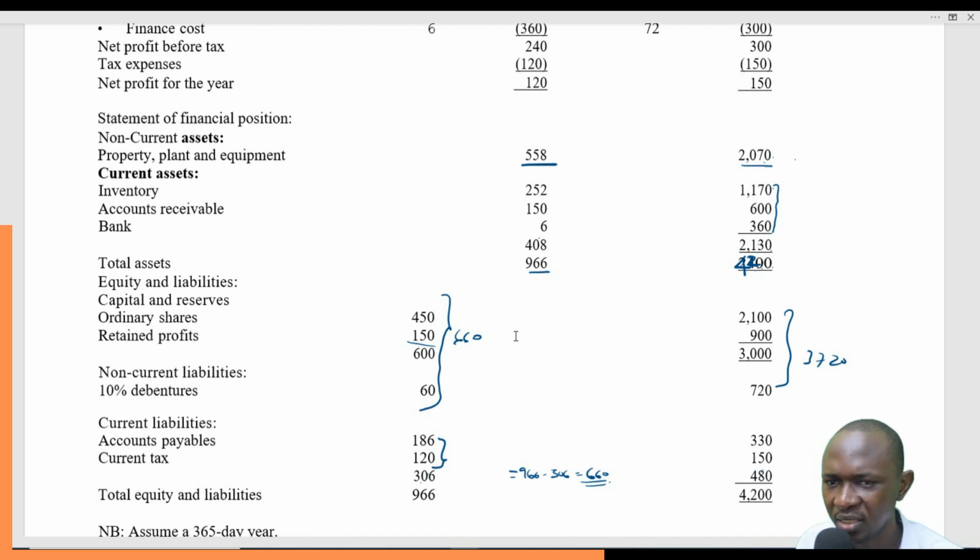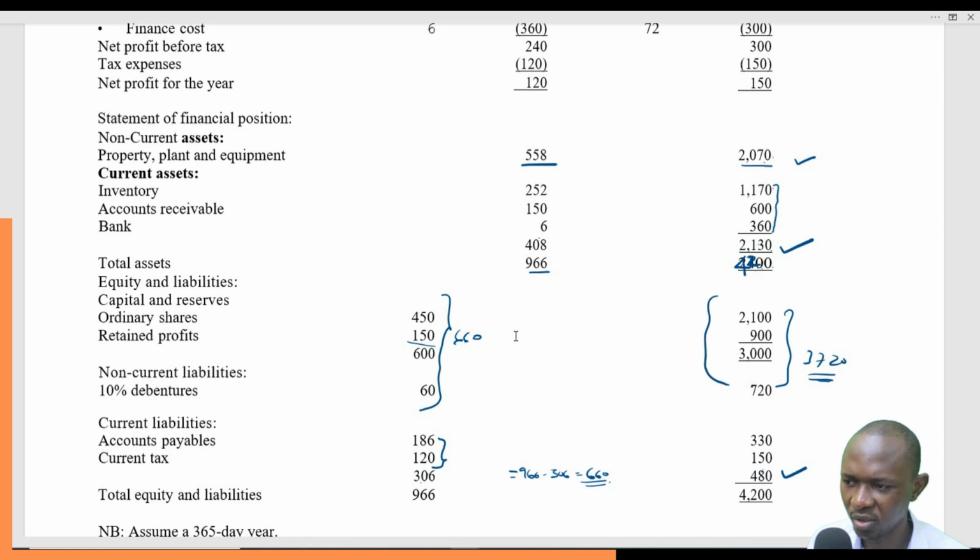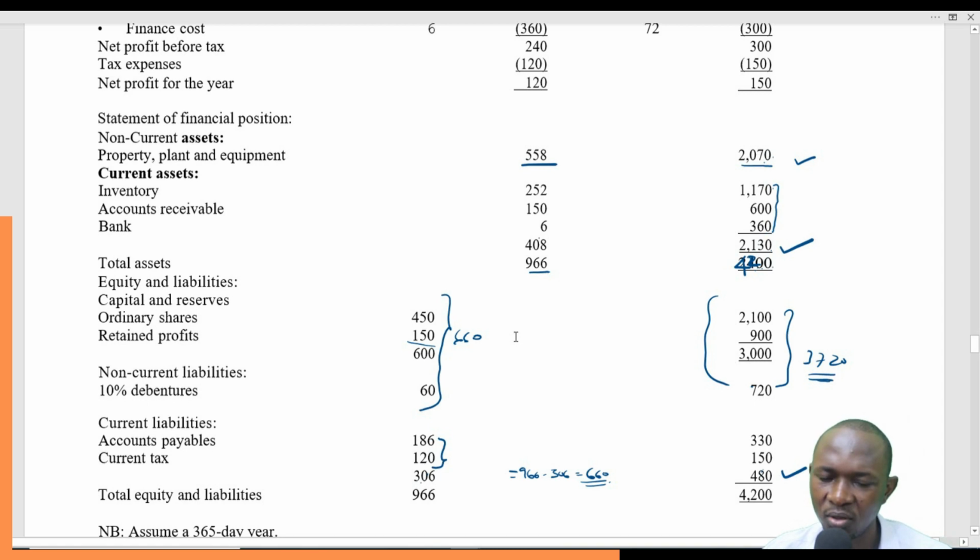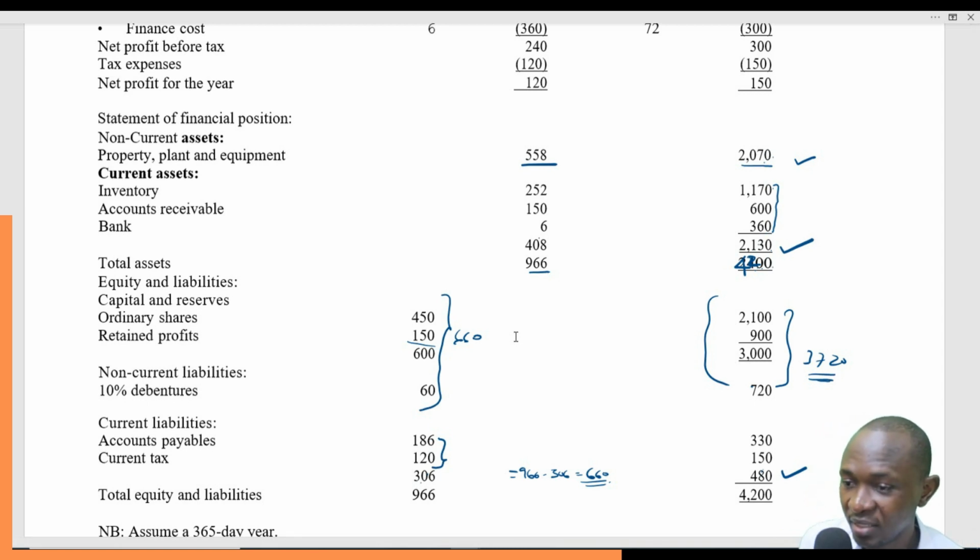So it's either non-current assets plus current assets minus current liabilities, and you still come back to that 720, or simply 3000 plus 720 from the financed by section. This will give you that 720. What I've said is simply net capital employed equals non-current assets plus current assets minus current liabilities, or the financed by section.